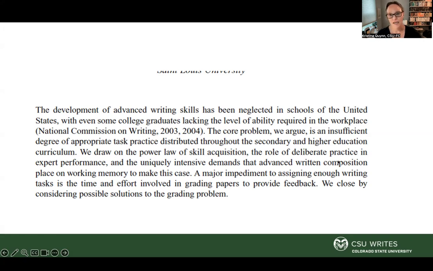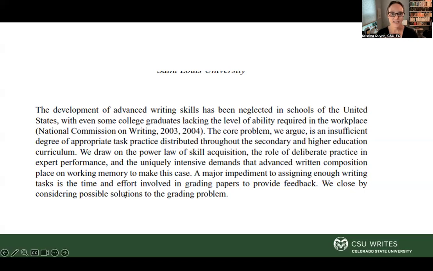and performance. And then here, what's interesting is they wind up someplace where you might not automatically expect, because they go not necessarily to the individual student, or back to the broader distribution through the higher education curriculum, but specifically to the classroom and a grading problem, and talking about how over time, the task of giving feedback on individual assignments across that curriculum means that there's a grading problem.